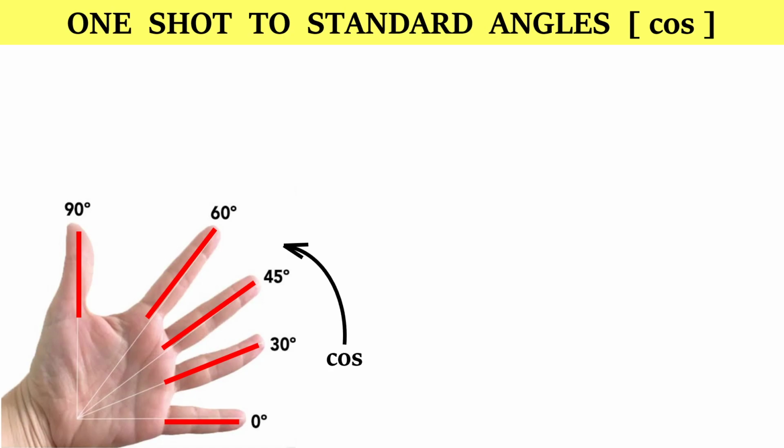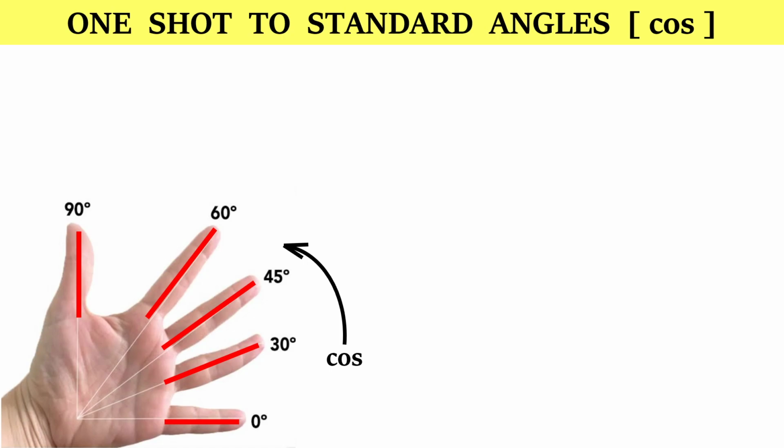See the direction. This is what will tell you, for cos theta, if you remember, we said square root of fingers above. So that's why from little finger we have to move above. From little finger we have to move in the direction visible on the screen.